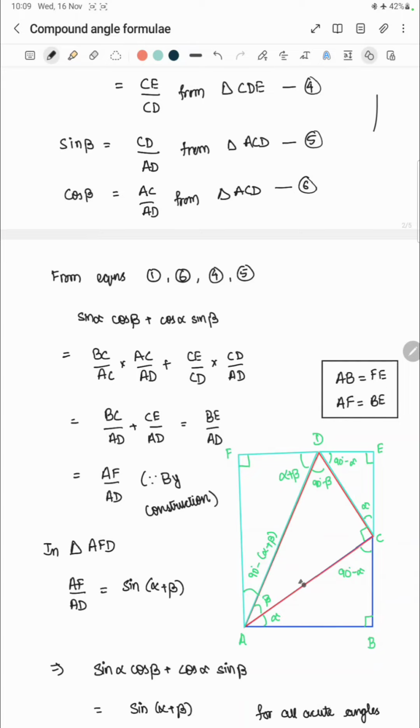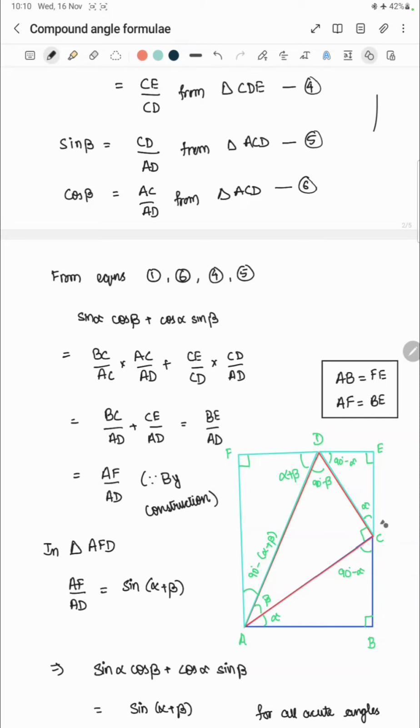If you see ADC, AC is the adjacent side. In the triangle CDE, CD is the hypotenuse. But in our red triangle ADC, we have CD as the opposite side. So in one case it is becoming hypotenuse, in another case it is becoming the opposite side. In one case it is hypotenuse, in another case it is becoming adjacent. So this is the trick.